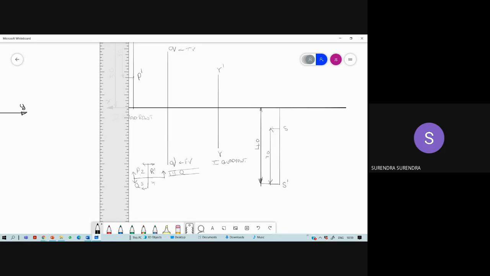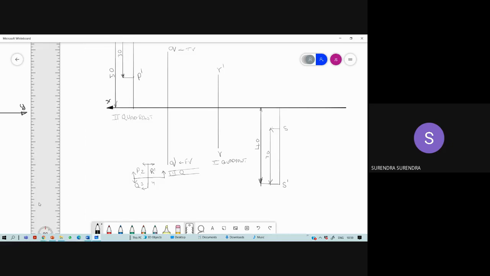So front view below XY line means the object is below horizontal plane, and top view below XY line means in front of VP. So in front of vertical plane. So the object is in the fourth quadrant.